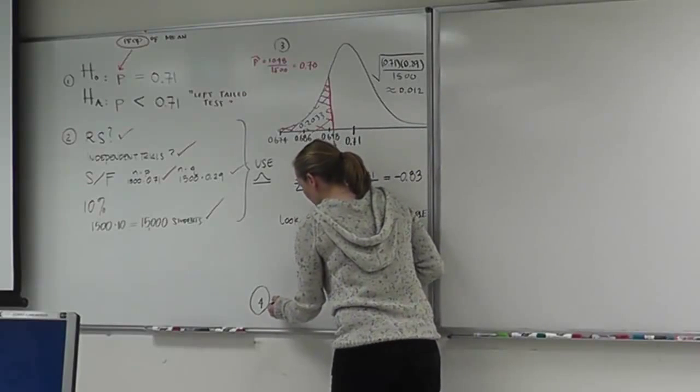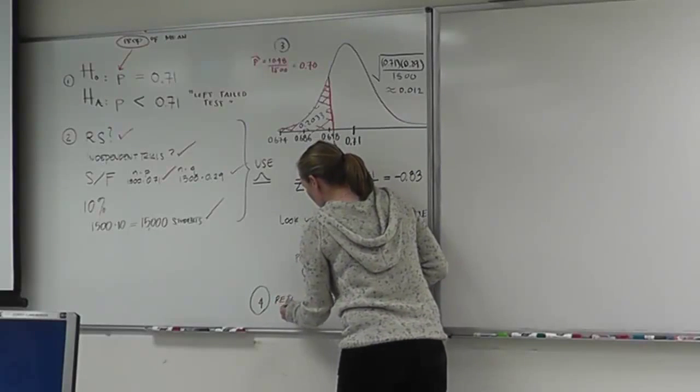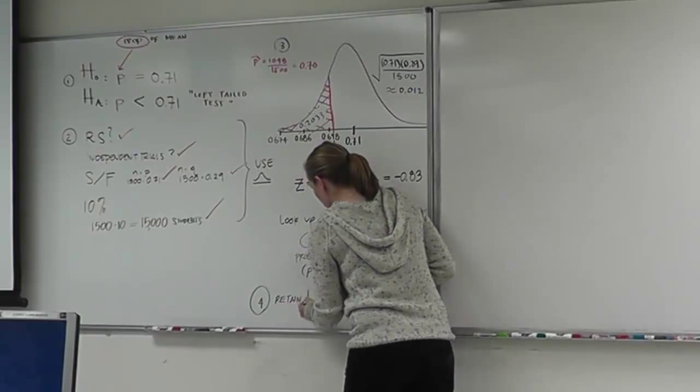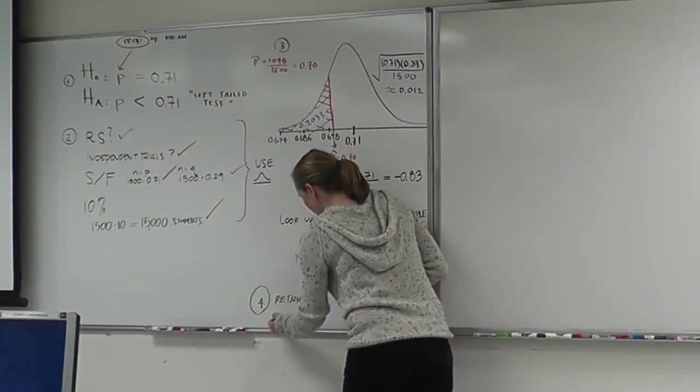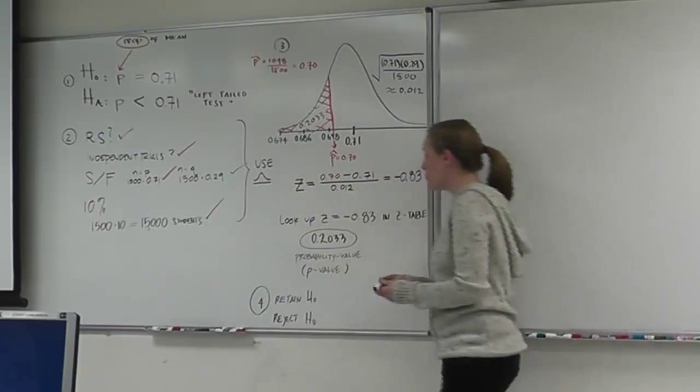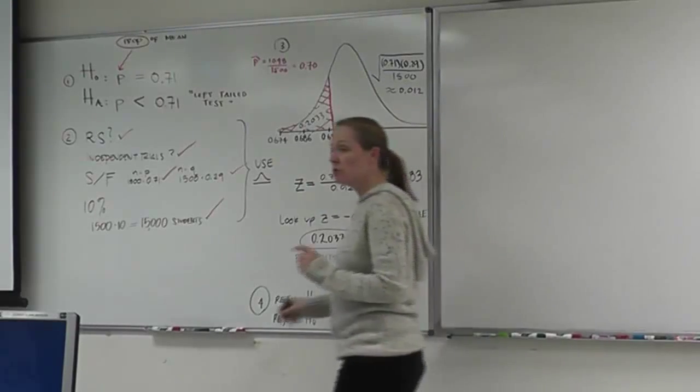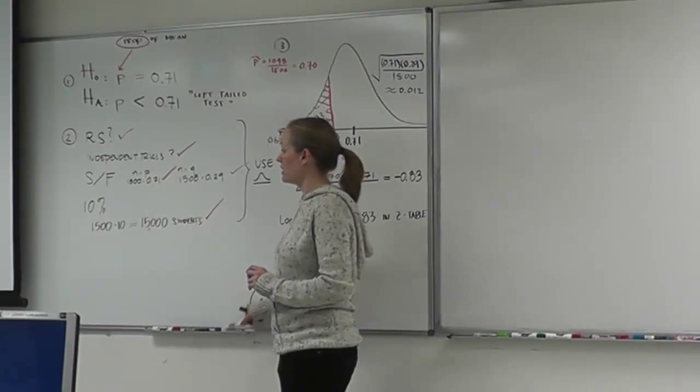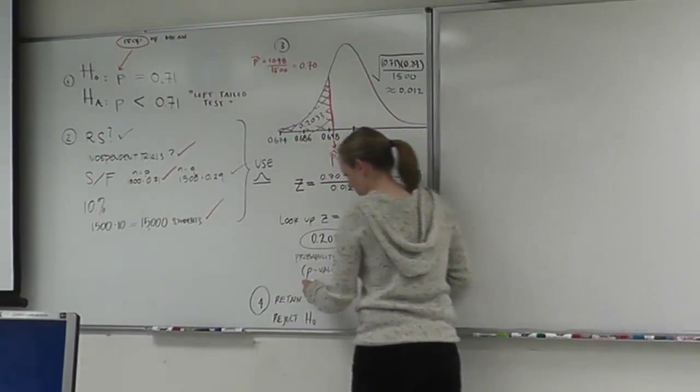So we have 2 things that can happen here. We can retain the null hypothesis, or reject the null hypothesis. I put them both there because I want you to figure out which one's most suited for this situation. And in this case, we're going to retain.